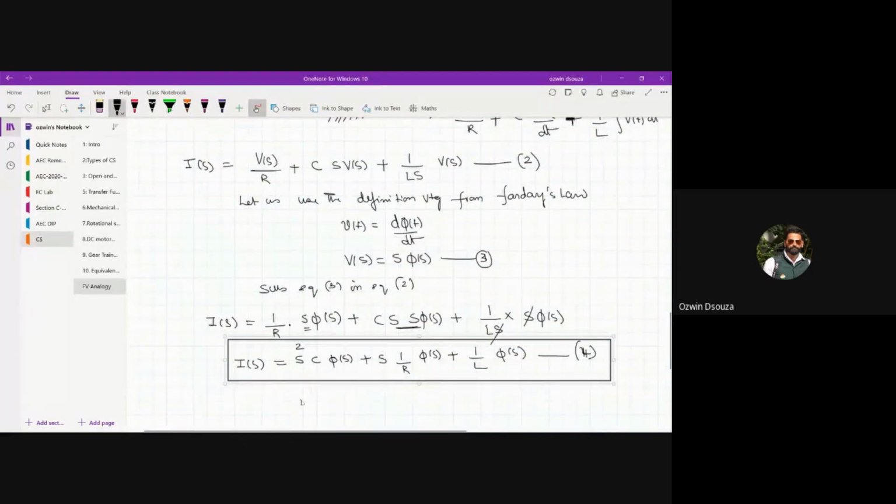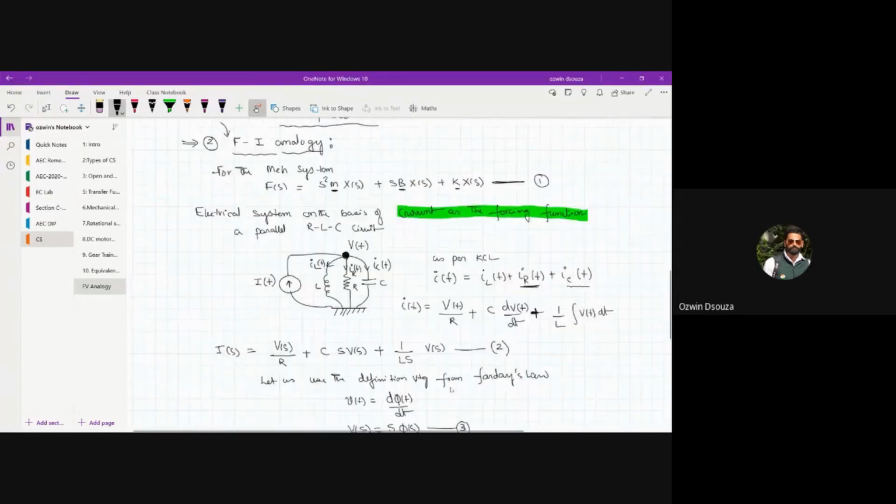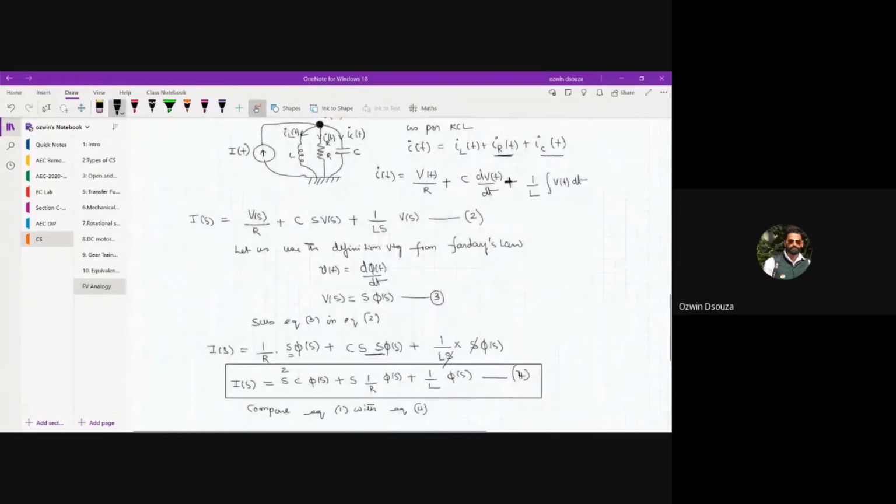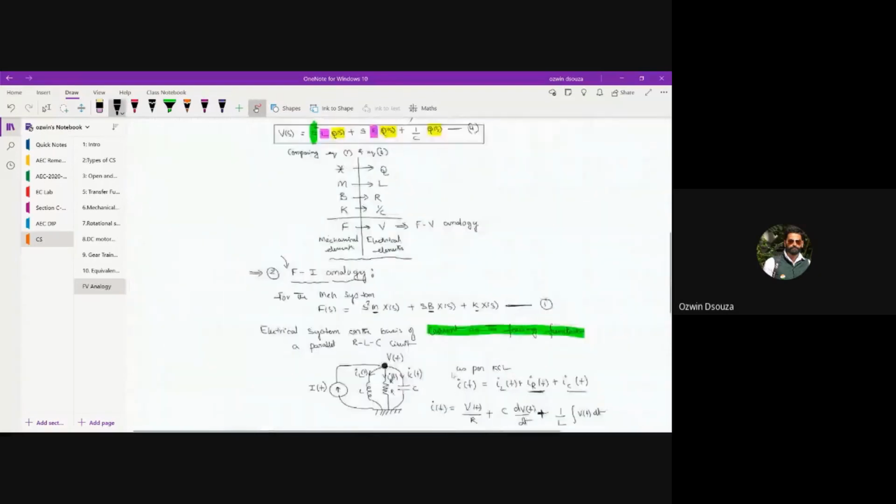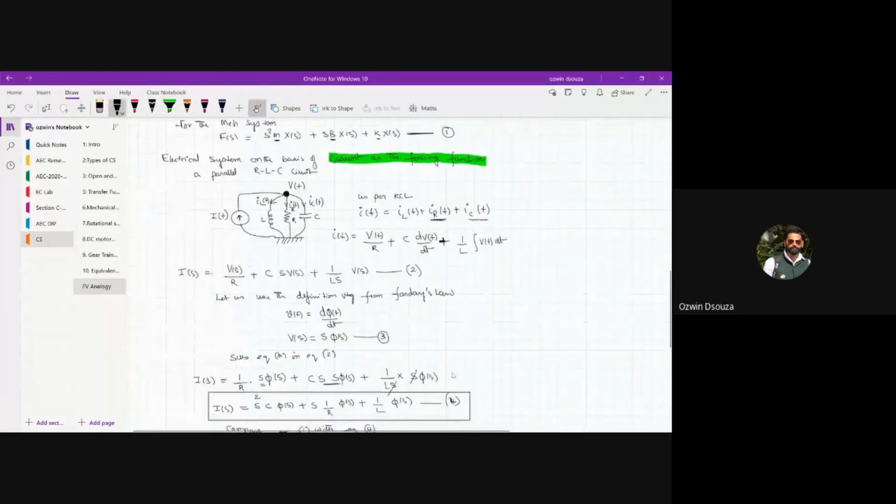Now compare equation 1 with equation 4. You can see that the highest power of s in equation 1 is s square, and the highest power of s in equation 4 is also s square.